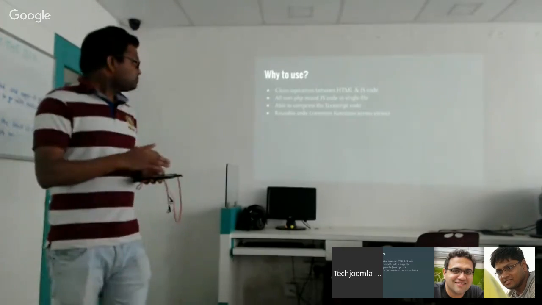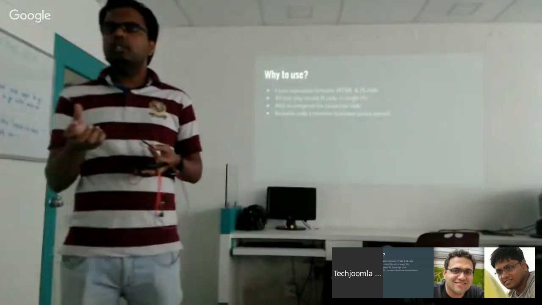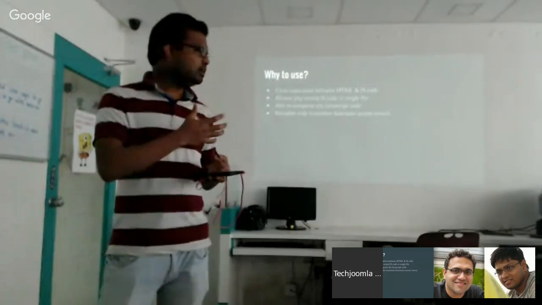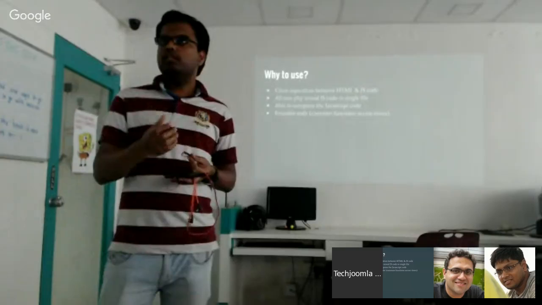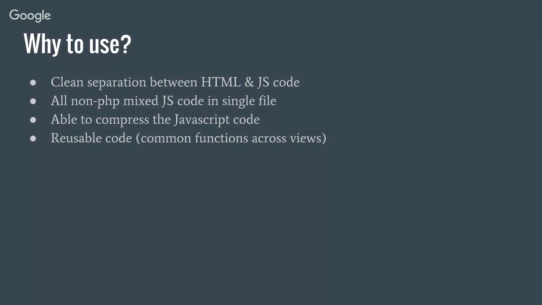The same happens when you are writing HTML, you need some JavaScript to interact with the elements on the page or to get new data. So as the complexity of your views goes on increasing, the JavaScript code needed goes on increasing.